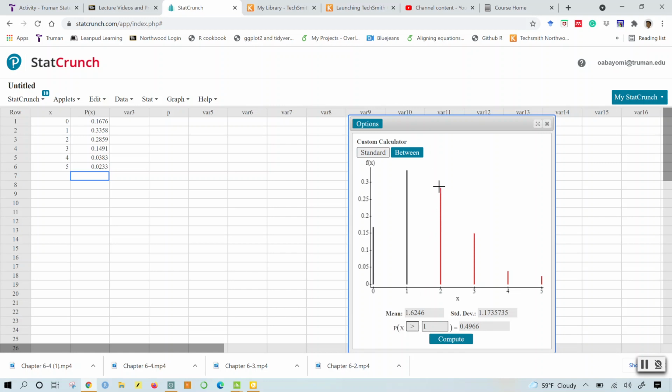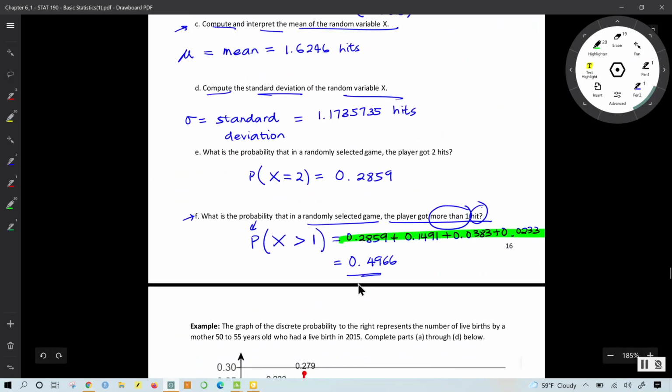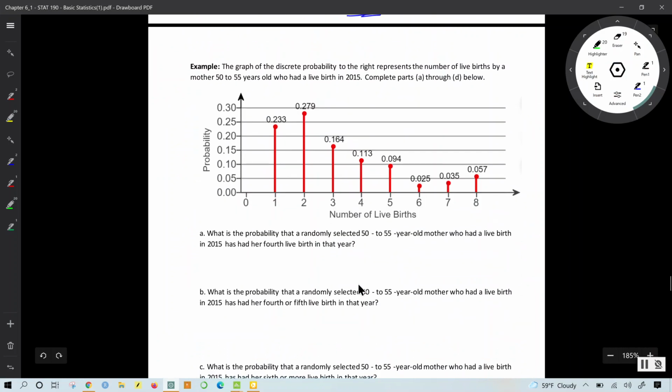So it means the sum of all the corresponding heights of these probabilities is equal to 0.4966. StatCrunch is extremely useful and very helpful. You get the visualization to help with understanding, and you also get the correct answer. So that is done. And then we proceed to the next example.